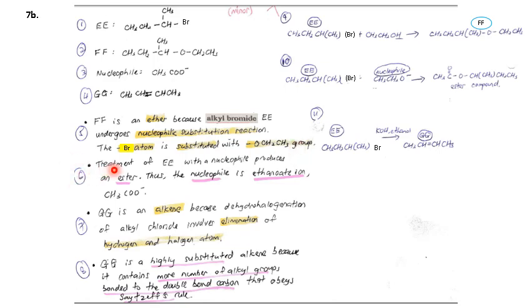Then the treatment of EE with a nucleophile produces an ester, so the nucleophile is the ethanoate ion, CH3COO negative ion. Next, GG is an alkene. Why? Because dehydrohalogenation of an alkyl bromide involves elimination of a hydrogen and a halogen atom. The last one, GG is a highly substituted alkene, which contains more alkyl groups. So this compound follows Saytzeff's rule.